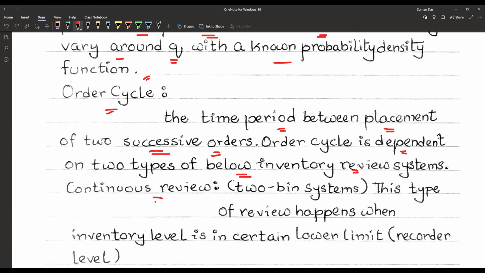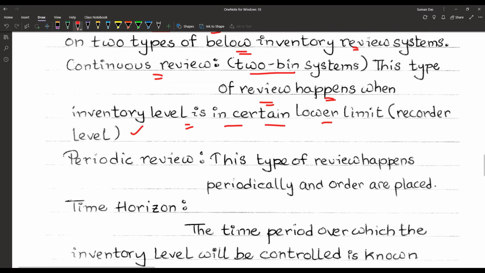Number one, continuous review, that means the two-bin system. This type of review happens when the inventory level reaches a certain lower limit or reorder level. Another one is the periodic review.